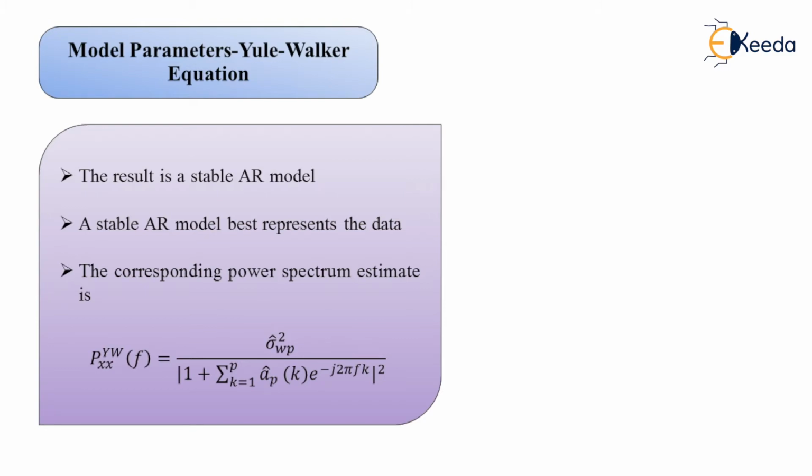In this representation, a-hat_p of k represents the estimates of the AR parameters that we can obtain from the Levinson-Durbin recursions.